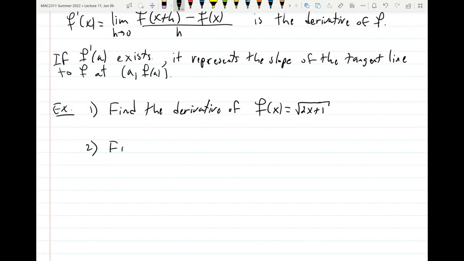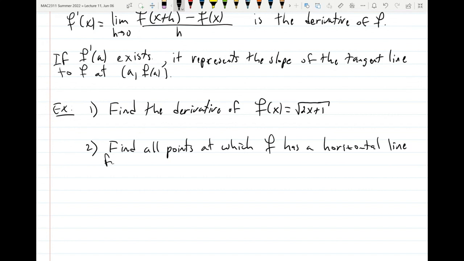And second, find all points at which f has a horizontal tangent line, for the function f of x equals 2x cubed plus x squared minus 2x minus 1.